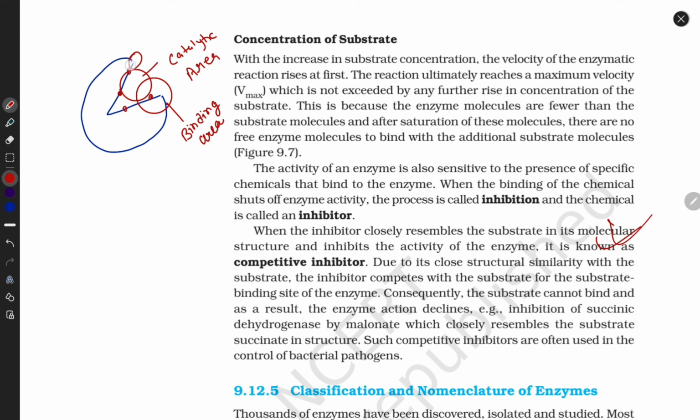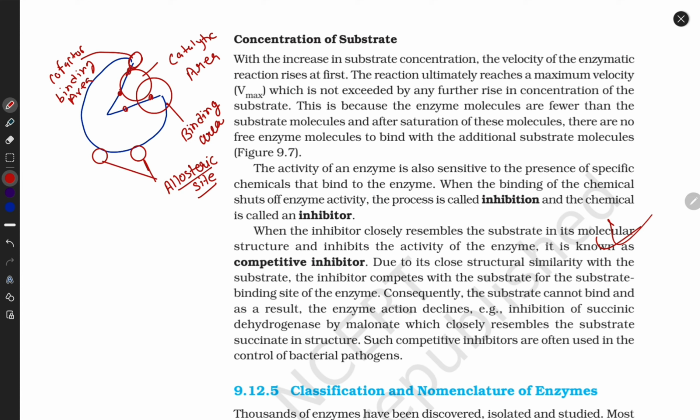This is the site of the cofactor, the binding area. Other than the active site, there are many other sites. We call them allosteric sites.